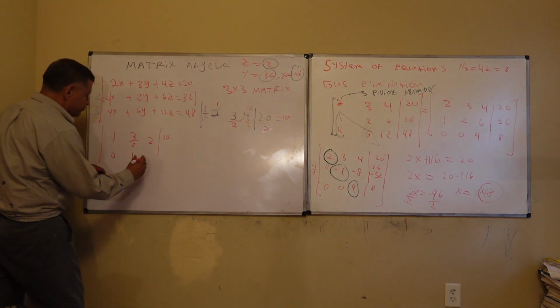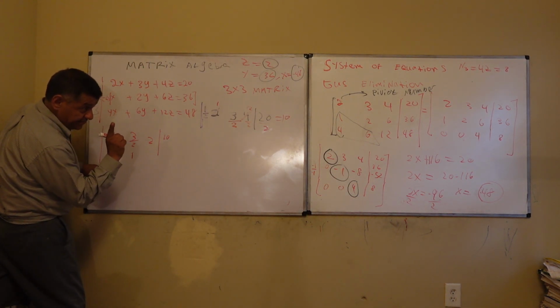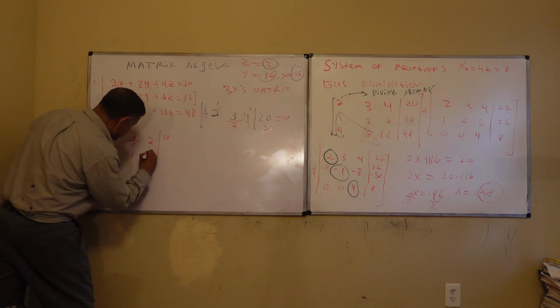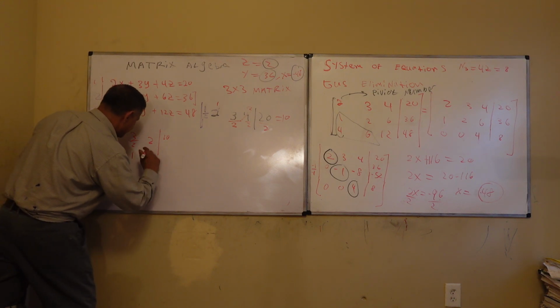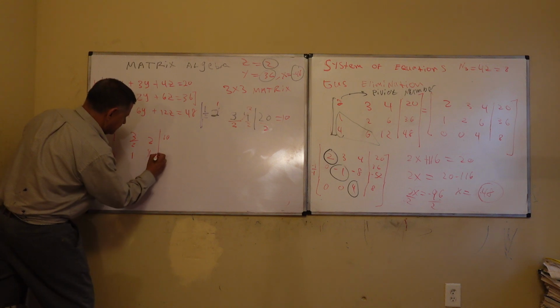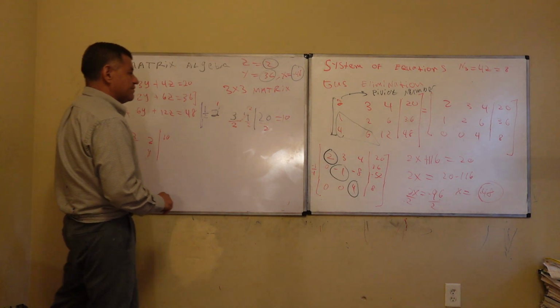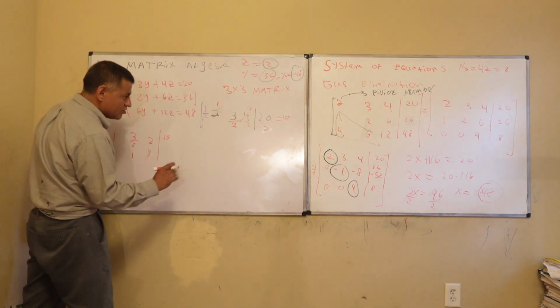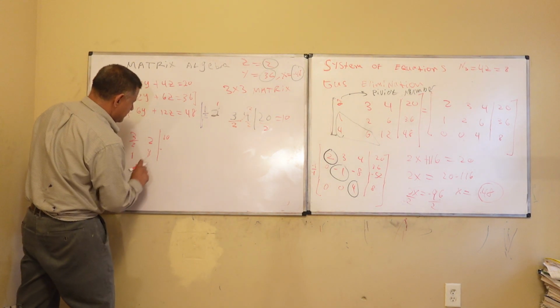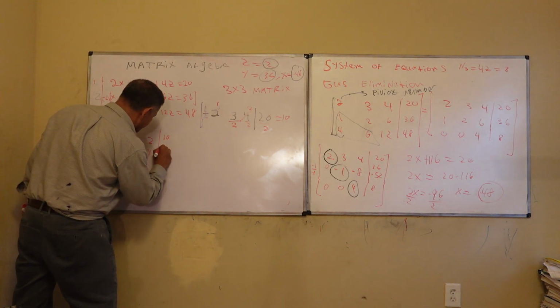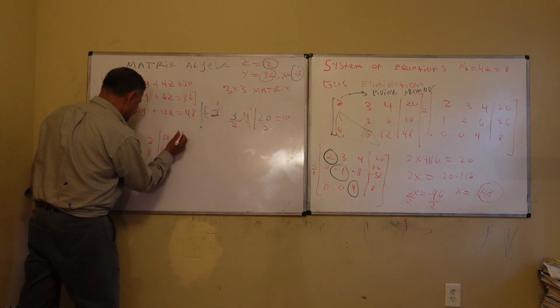So in that one, it's going to be a positive 8. And this 52 also gets affected by that change, and that is going to be a positive 52.